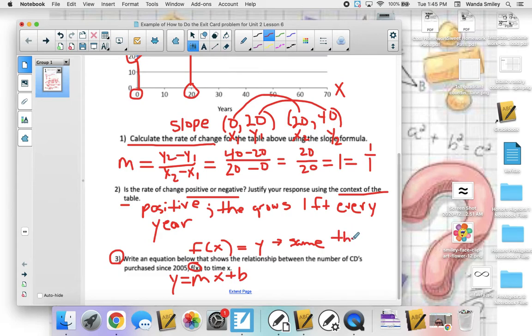So when they say f of x, they're really talking about y. They could actually write this as f of x is equal to mx plus b.